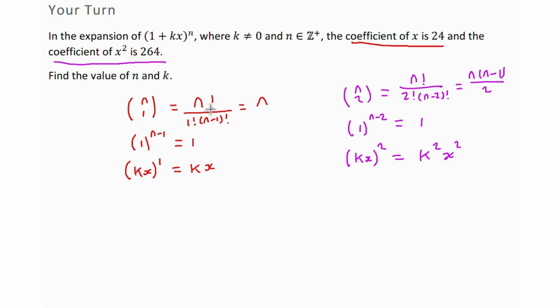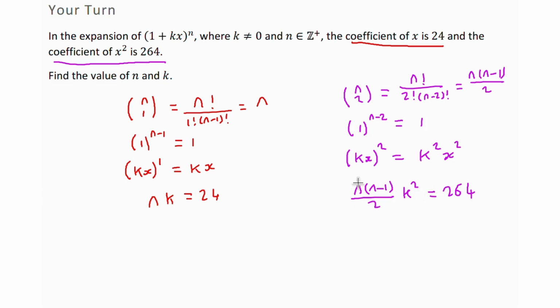So my coefficient here is n times k, and I know that's equal to 24. And my coefficient here is n(n minus 1) over 2, times k squared, and I know that is equal to 264. I now have my 2 equations.